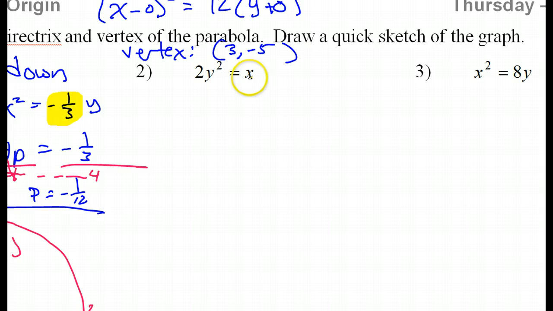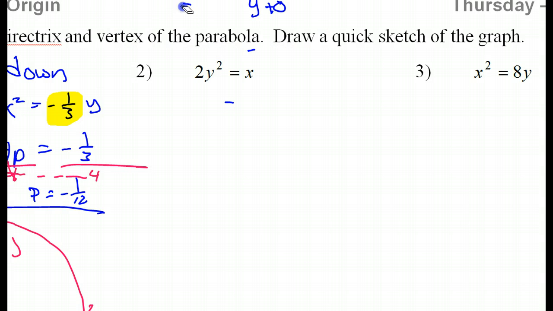Well, first of all, I see x equals y squared. That's weird. We're used to having y equals x squared. That would be a normal parabola. But having the y squared instead tells us that it's going to be sideways.